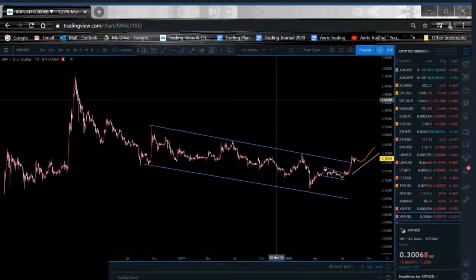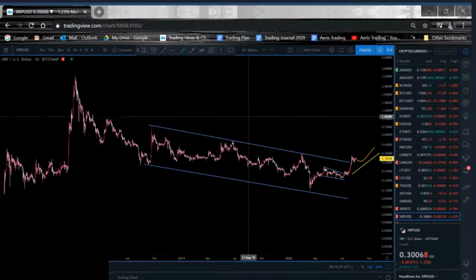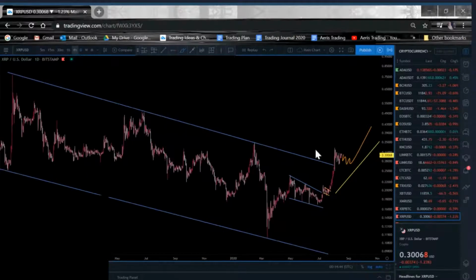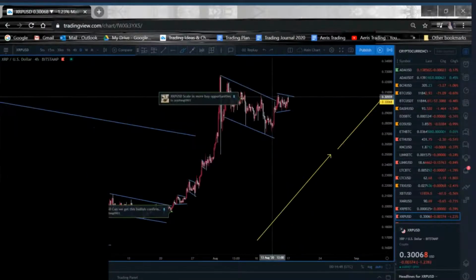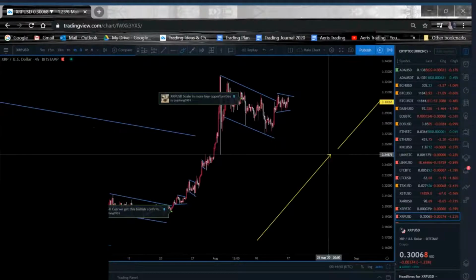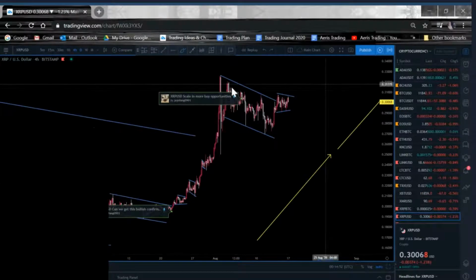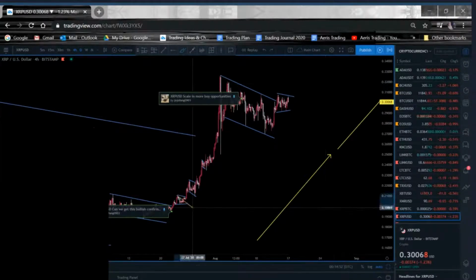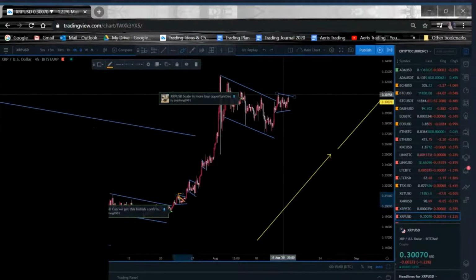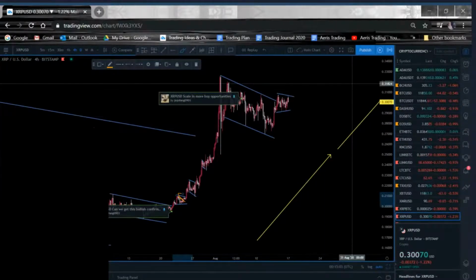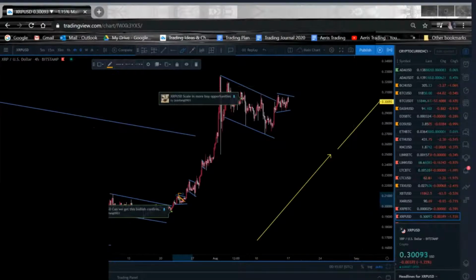So expect this move to happen, but be a little bit patient to wait for a correctional structure to form in this area here. This will be a very good trade to take. So don't miss this one, because I'm already in from the bottom here. I will be looking to add in if we get the correctional structure that I'm looking for to take the trade up.